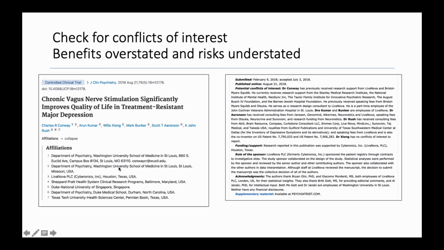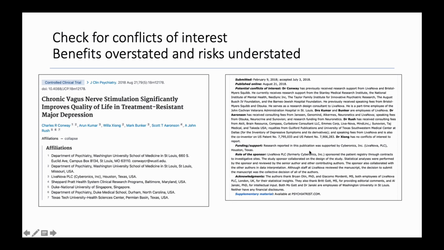And here are their affiliations. It looks pretty impressive. Washington U, Department of Psychiatry, Washington U. But then you start seeing Duke, an outstanding institution, Texas Tech. But if you look closely, you see that the company that makes the gizmo has also supported all these 7 people.